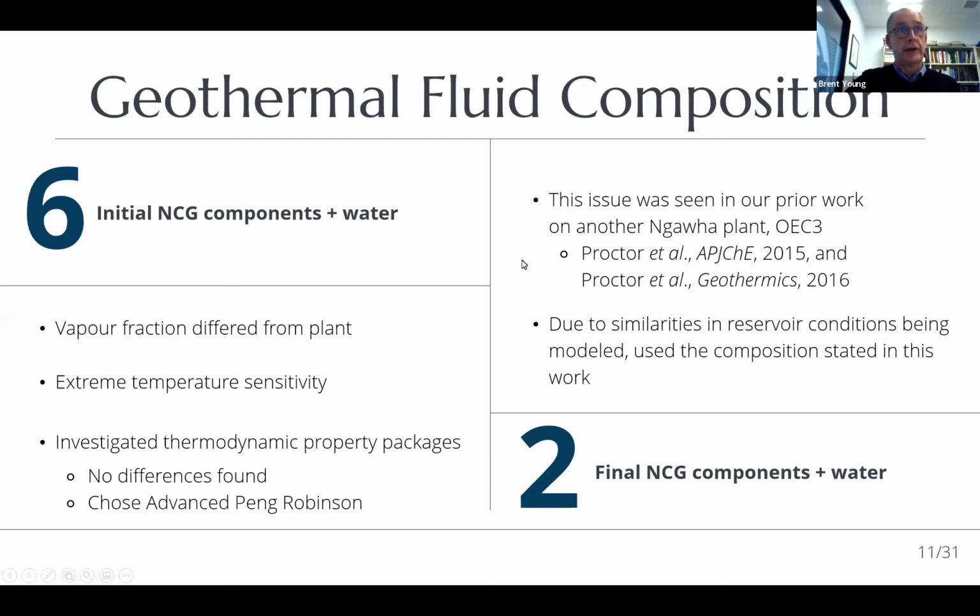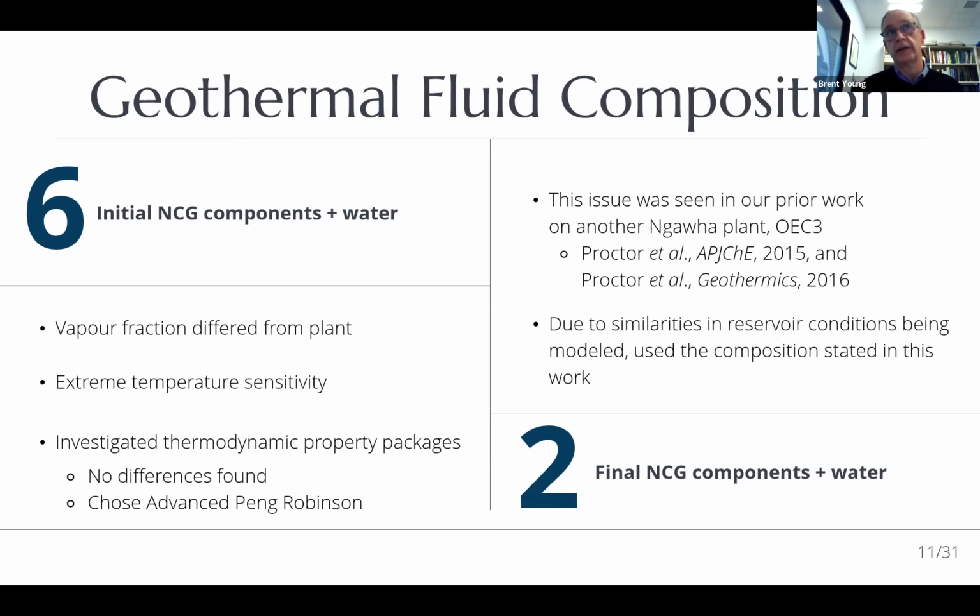So in terms of the geothermal fluid composition, there was 6 non-condensable components and water. What we found was when we model this in our simulator VMGSim or Symmetry, the vapor fraction differed somewhat from the plant, and there was quite a lot of temperature sensitivity.